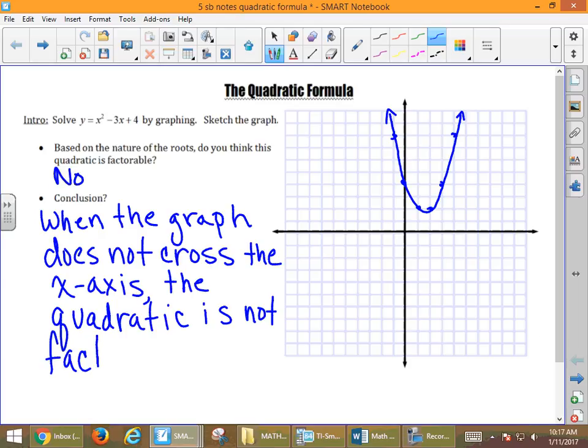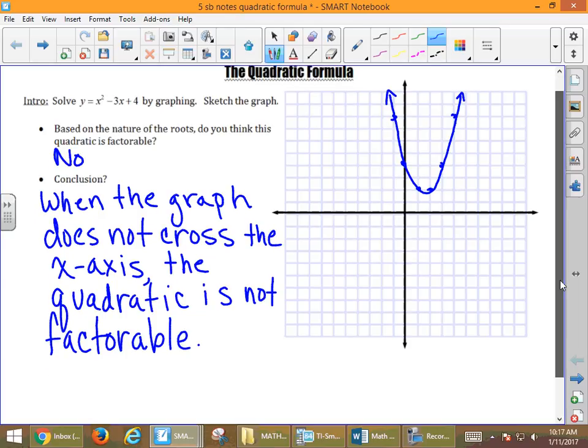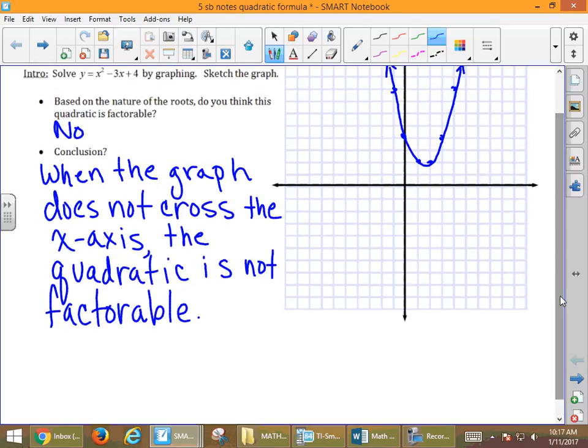And I got wordy on that. I hope you can shorten that a little bit. When the graph does not cross the x-axis, the quadratic is not factorable.